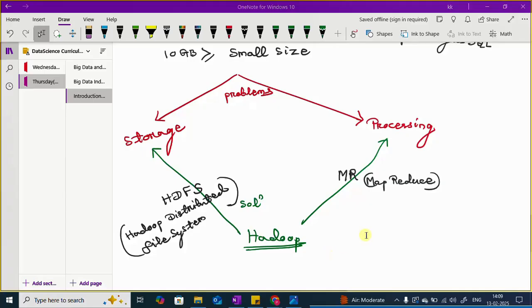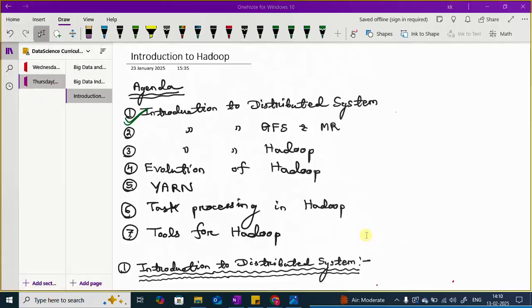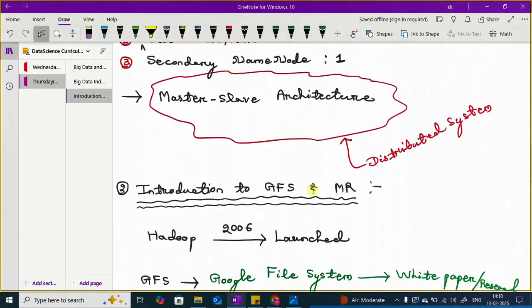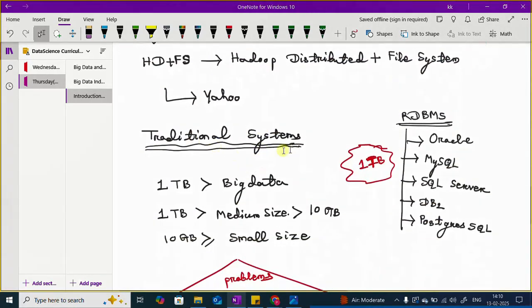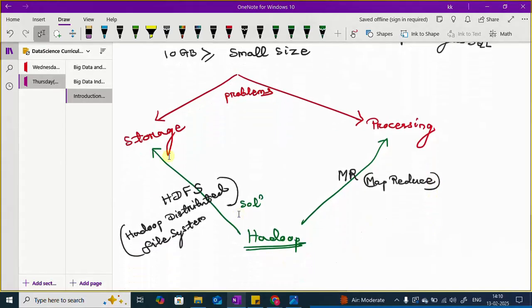Okay. So the second point is also completed successfully, that is introduction to HDFS and MapReduce. And anyhow, the introduction to Hadoop I have also completed while explaining, because it's a continuation, right? I explained what the problem with the traditional system was, these two different problems, and how to solve them by using Hadoop.